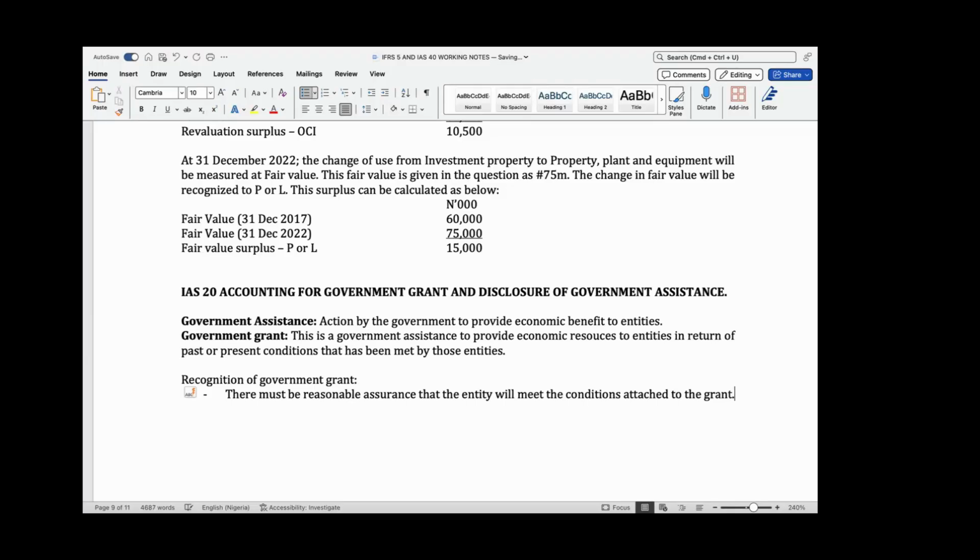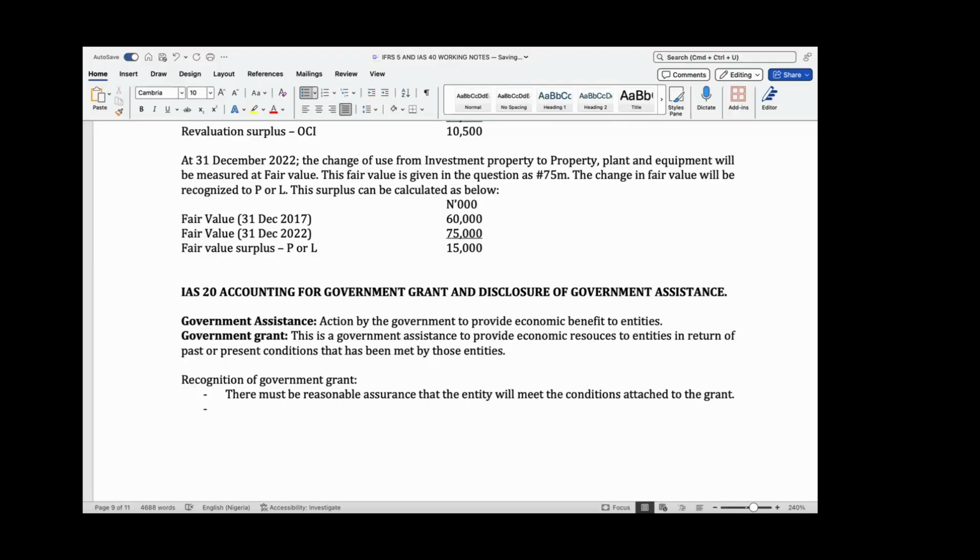So you have to be sure that you meet, before you're going to recognize it in the books as a grant, we need to be sure that you will meet the condition. If you will not meet the conditions, don't bother putting it in your books.